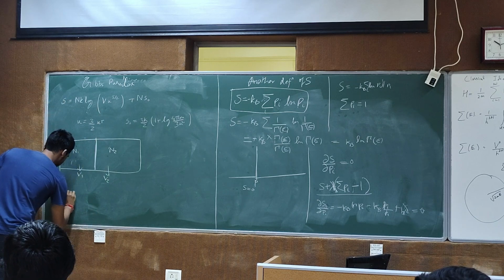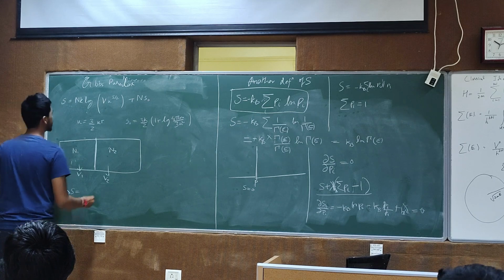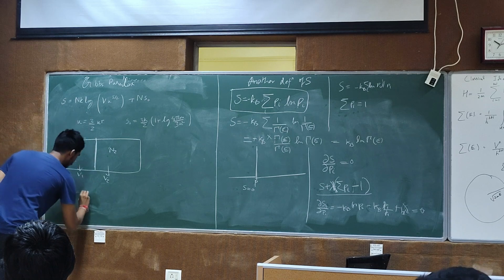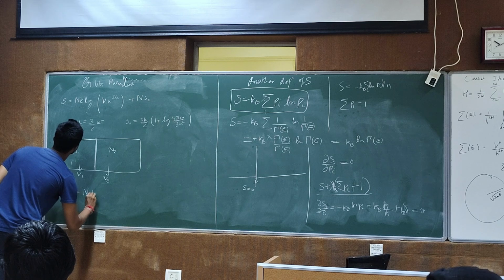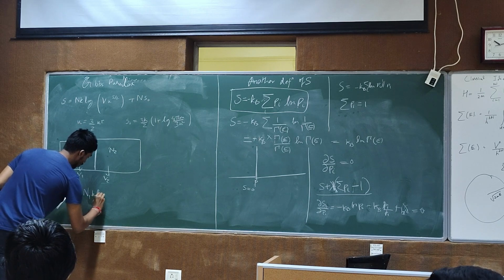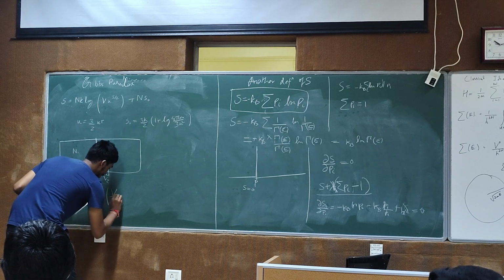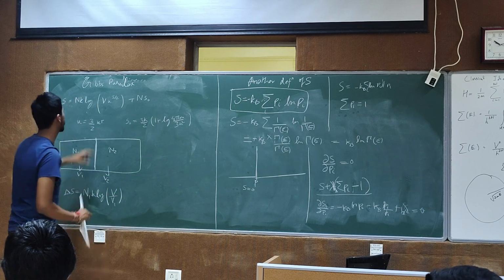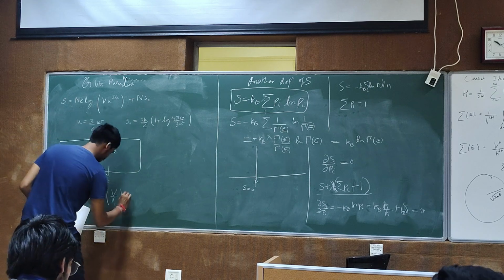So that increase in entropy would be basically this: the increase in total entropy is N1 k log V by V1. If you see the V term inside and if you subtract, you will get this V by V1.